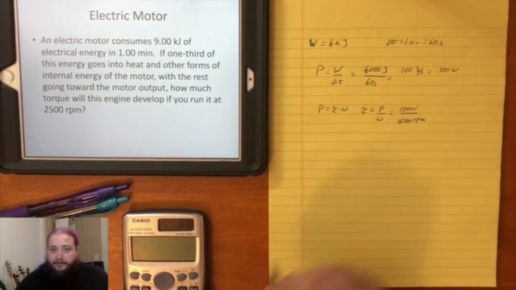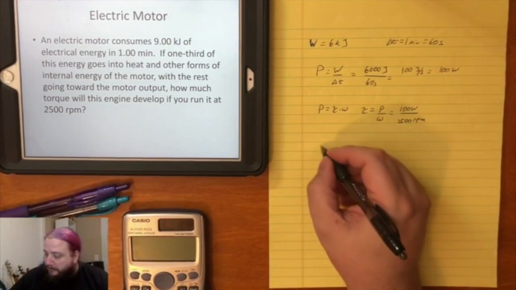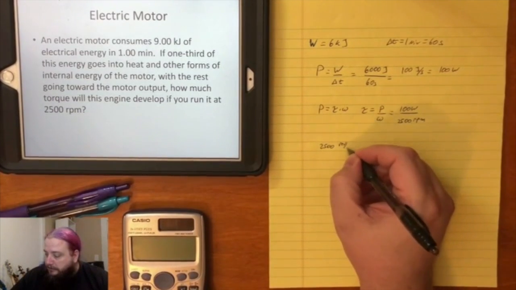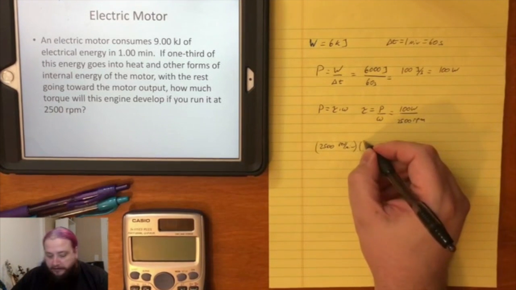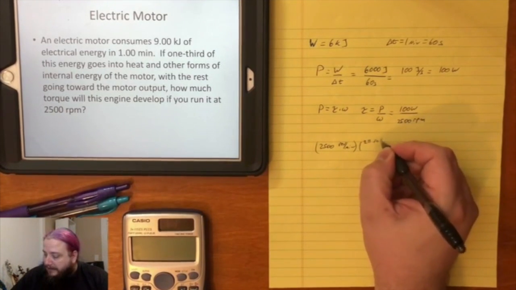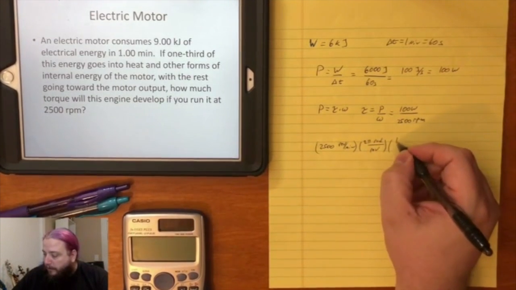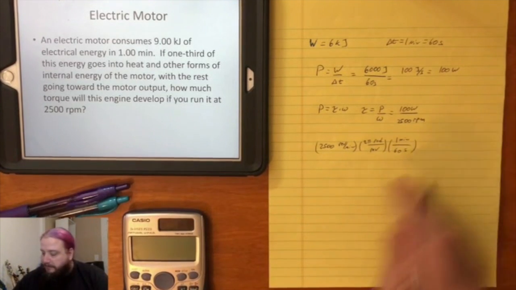Well, RPMs aren't an SI unit, so we need to convert that. 2,500 revolutions per minute, and there's 2 pi radians per revolution, and 1 minute is 60 seconds.